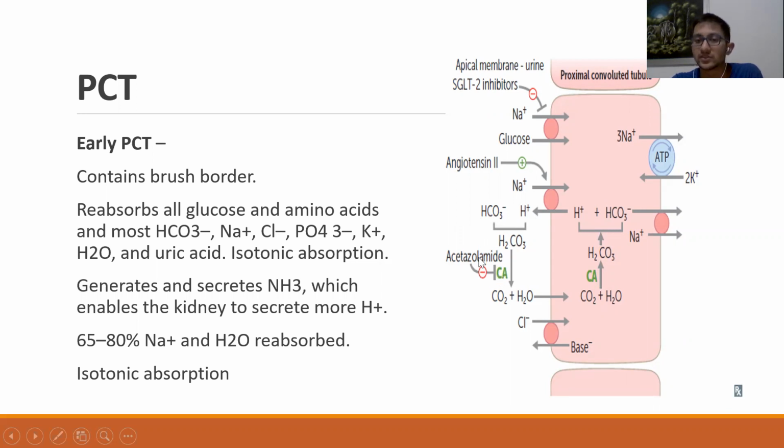And you can see that this drug over here blocks this. And these inhibitors block it over here, just some pharmacology tie-in. And yeah, so you have carbon dioxide and water that's formed, which passively diffuse through. And again, via carbonic anhydrase, you have H2CO3 that's formed, and you get your bicarbonate back.